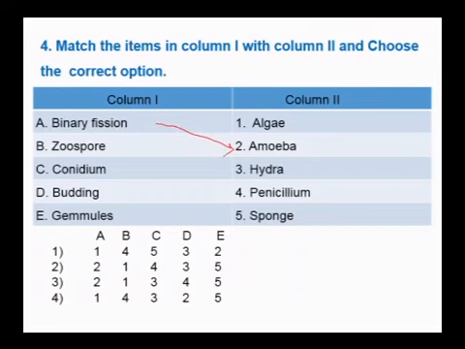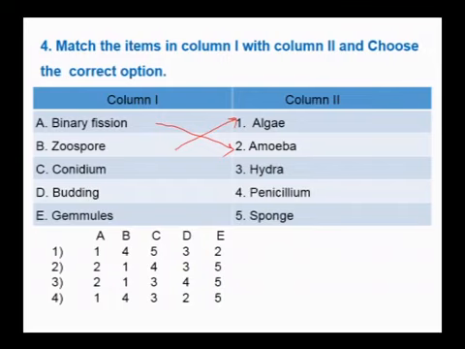Whereas zoospores are the motile spores mainly produced in the lower organisms like algae. So, in Chlamydomonas we can see zoospores. These are motile flagellated spores which are endogenous in origin, produced inside. Conidia are the asexual reproductive structures found in fungi, particularly the ascomycetes and also the deuteromycetes.